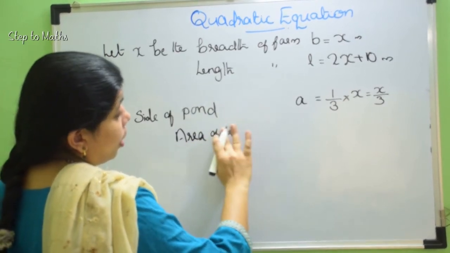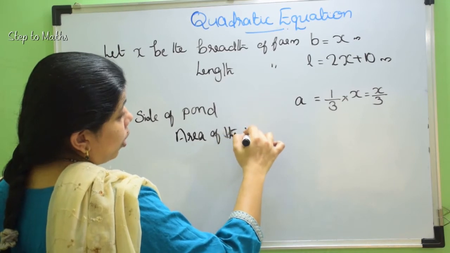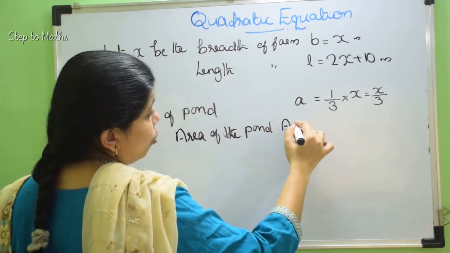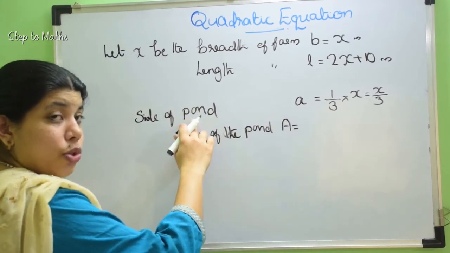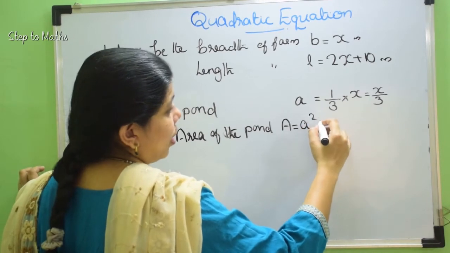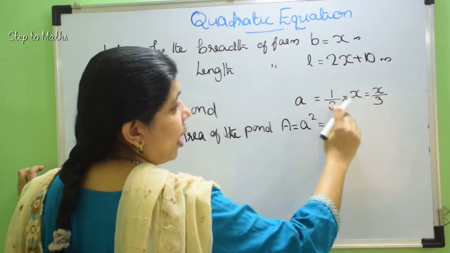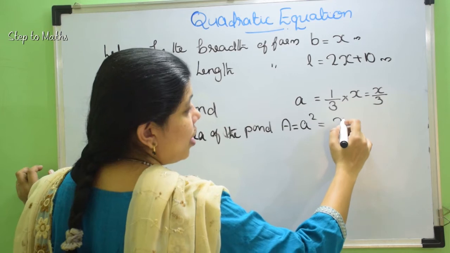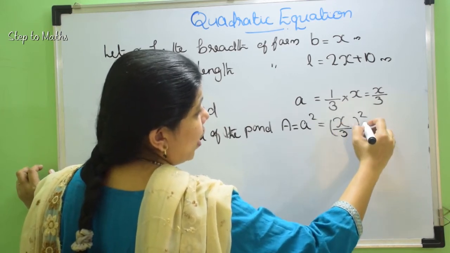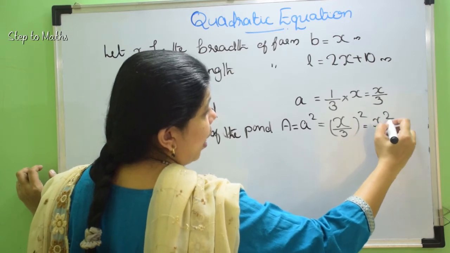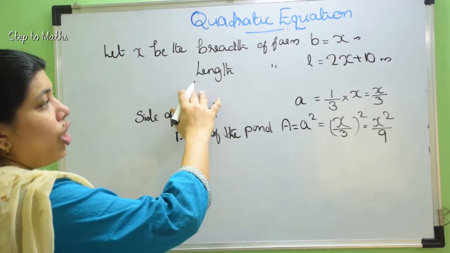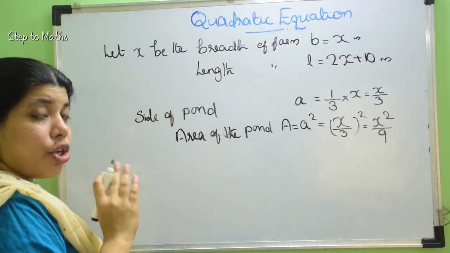Area of the pond A equal to, the pond is in square shape, then the area of square is A square. Here A is x by 3 and its square is (x by 3) square. This is equal to x square by 9, and the farm is in rectangular shape.